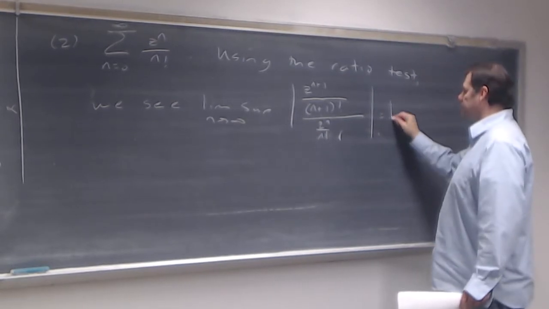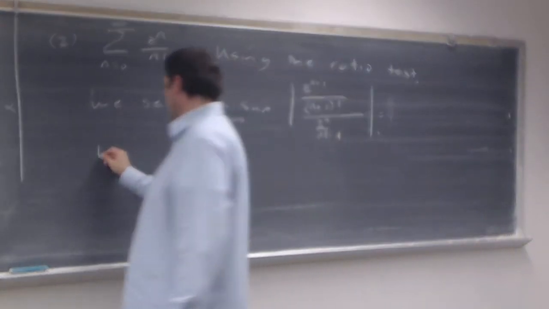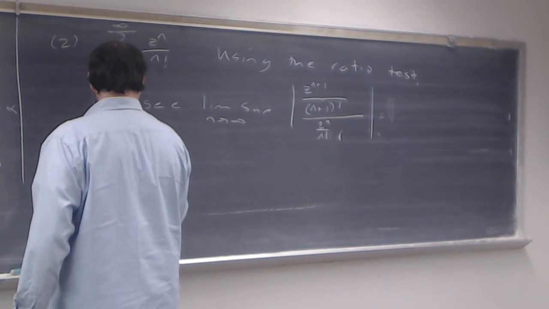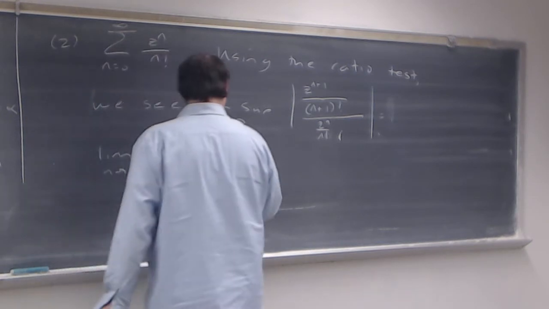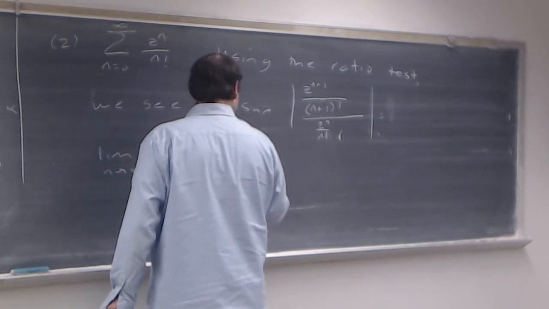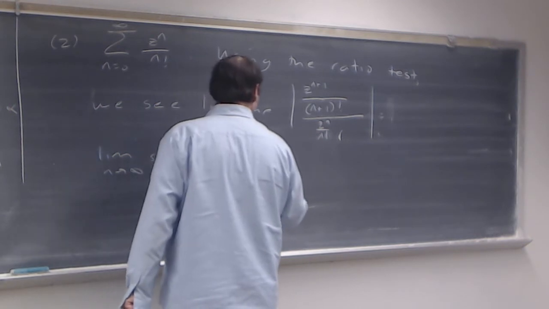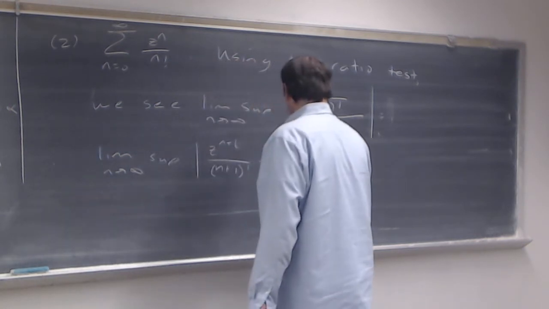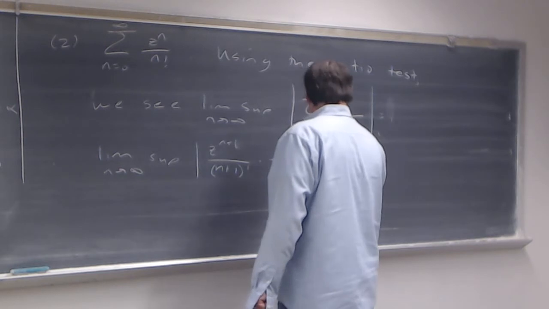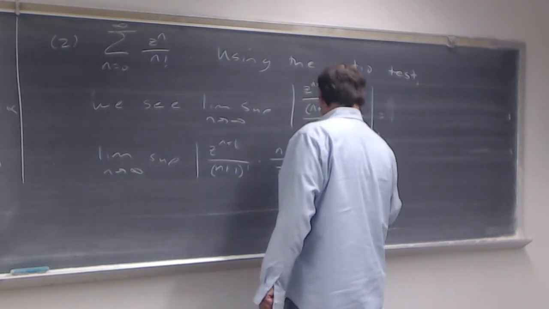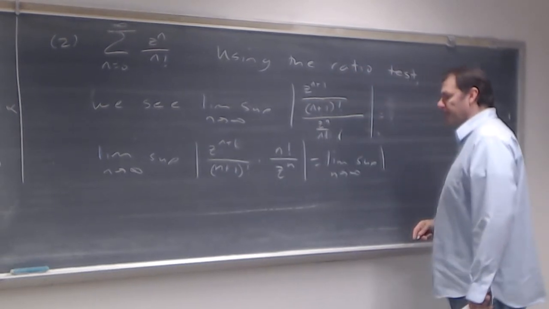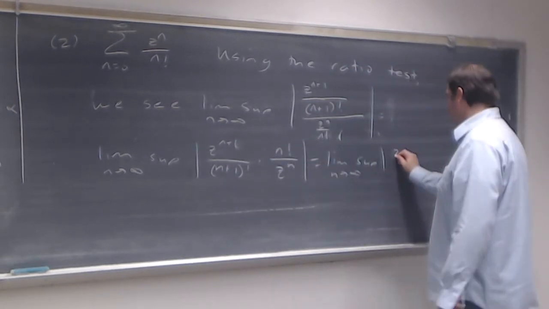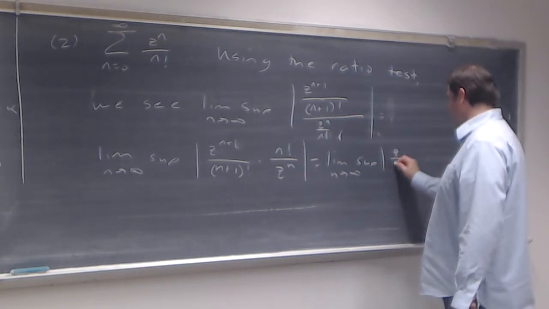Well, that's going to be equal to the limsup of the norm of z to the n plus 1 over n plus 1 factorial times the flip, which is n factorial over z to the n, which equals the limsup of the absolute value of, here we just have a z in the top, and in the bottom we're going to get an n plus 1.